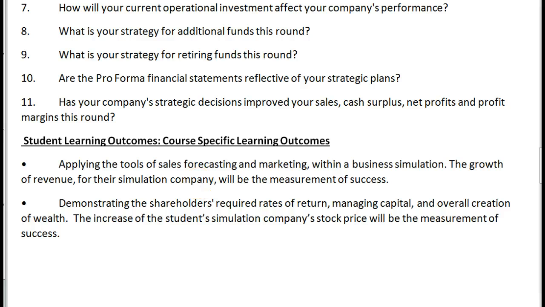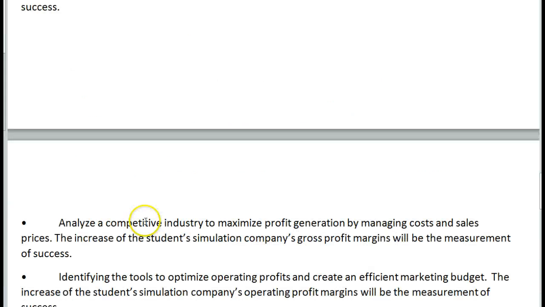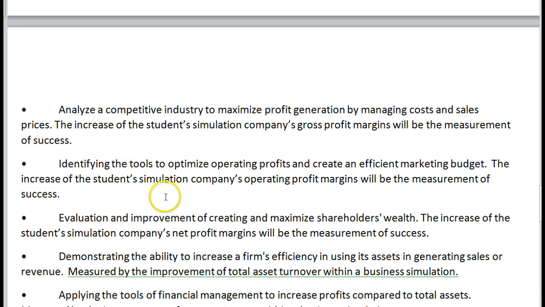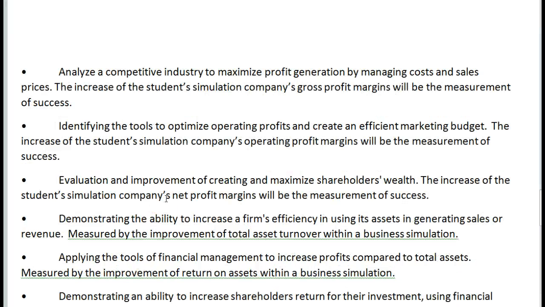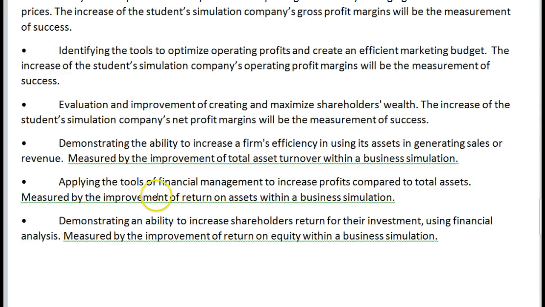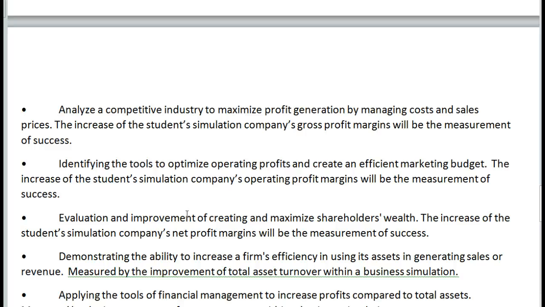So our course specific learning outcomes are listed below: applying tools of sales forecasting and marketing in a simulation, demonstrating shareholders' required rate of return, managing capital, creation of wealth, analyzing competitive industry to maximize profits, identifying tools to optimize operating profits, evaluation and improvement of maximizing shareholders' wealth, demonstrating ability to increase the firm's efficiency using assets, applying tools of financial management to increase profits compared to total assets, and demonstrating the ability to increase shareholder return for their investment using financial analysis.